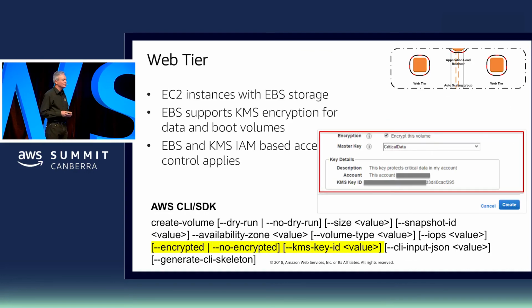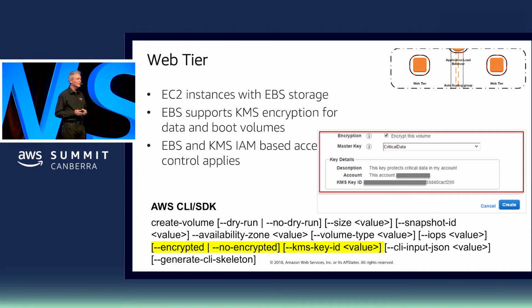So at the front here, the web tier. So the web tier is using our virtual machine as a service offering called Amazon EC2, and that uses a service called EBS Elastic Block Store for the disk drives that are running with that server.